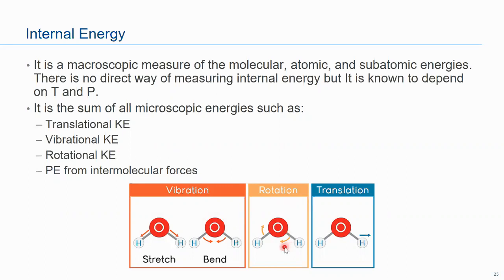Your molecules can rotate, and your molecules can move from point A to point B. So those motions will result to kinetic energy, and that kinetic energy plus the potential energy from the intermolecular forces will total that of the internal energy. So ibig sabihin, magkaiba yung kinetic energy doon sa loob ng system, yung mga molecules, sa kinetic energy and potential energy ng system mismo. Okay, so please treat them differently.